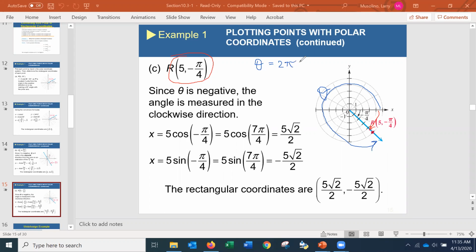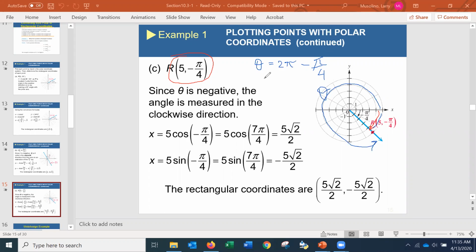But to find theta, I really have to subtract out this angle, pi over 4. Remember that negative sign in front of the pi over 4 is really just telling me the direction of the angle. The magnitude, the angle itself, is pi over 4. The negative sign is just telling me it's rotating clockwise.